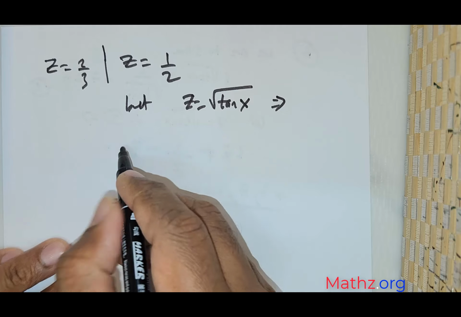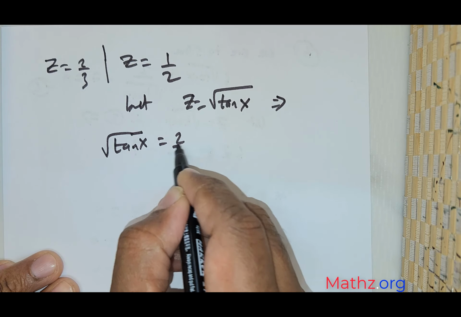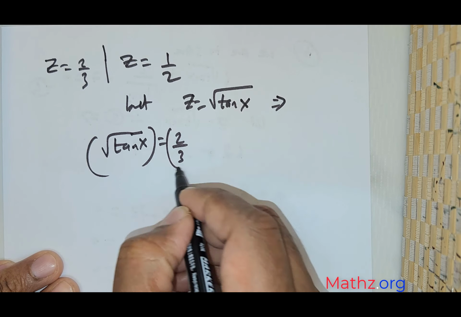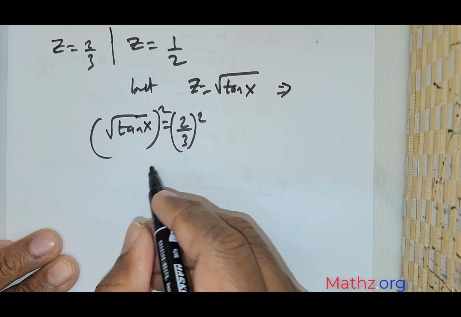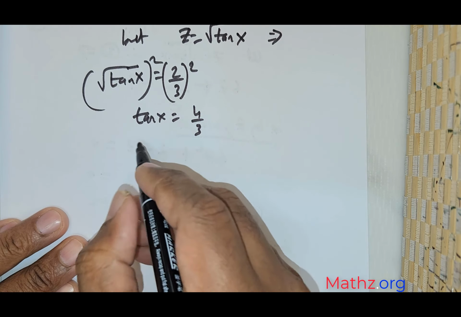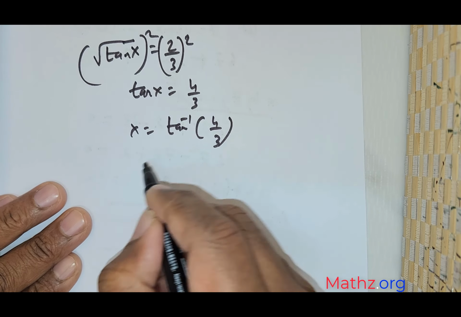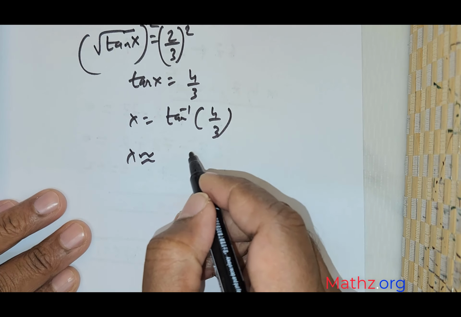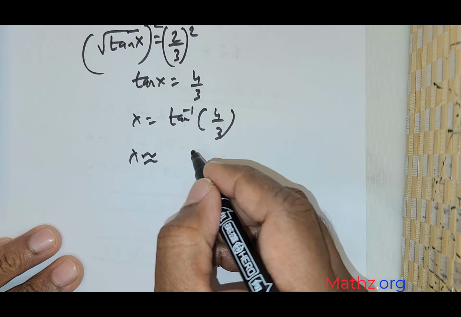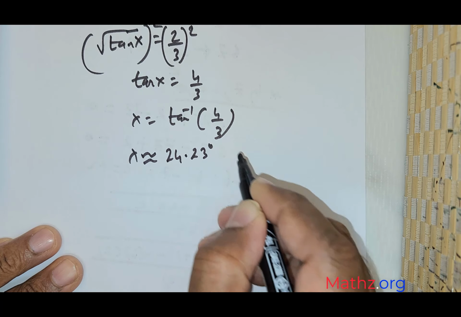So this would mean root of tan x is equal to 2 over 3. I square both sides and I would get tan x is equal to 4 over 9. Now this means x is equal to tan inverse of 4 over 9, which means x is approximately, you utilize your calculator and you will get 24.23 degrees.